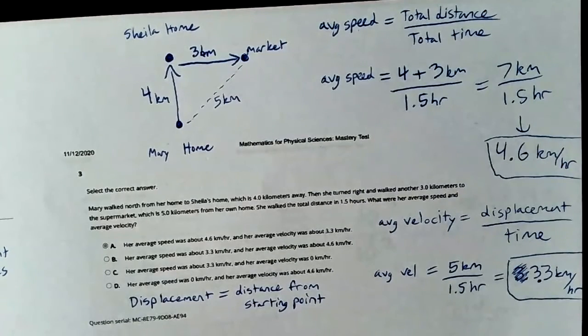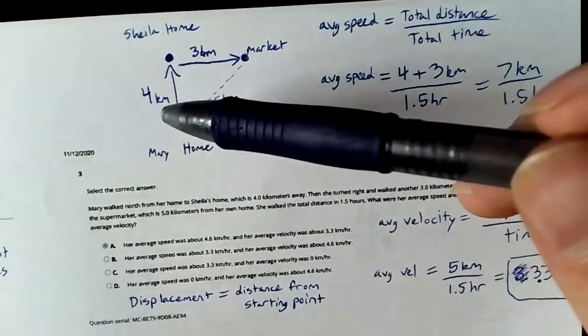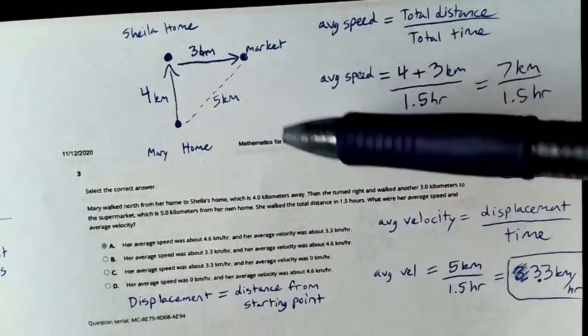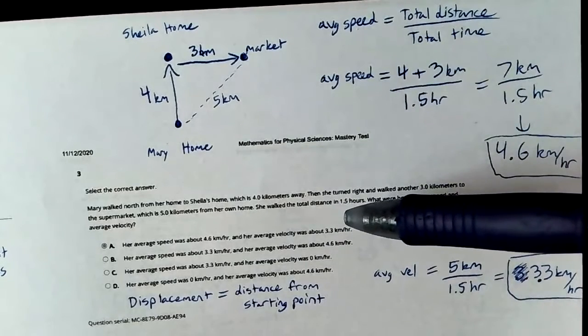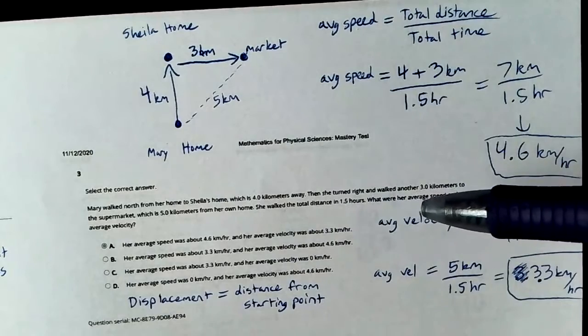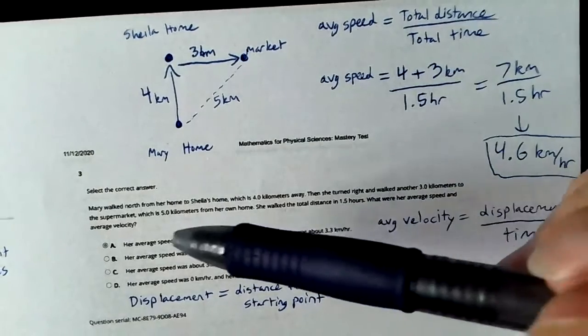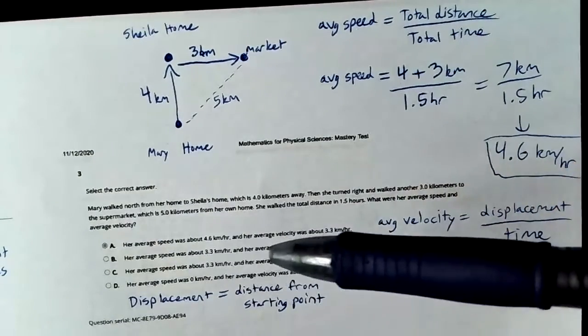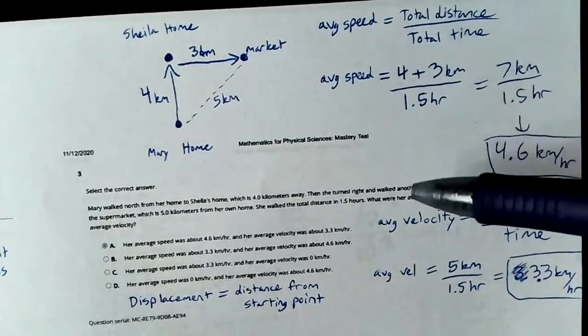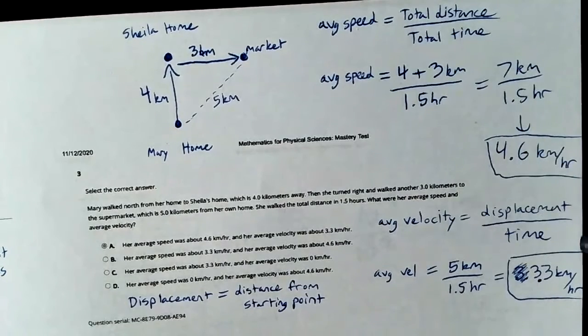She walked the total distance in 1.5 hours. So she walked 4 kilometers and then 3 kilometers, all in 1.5 hours. What were her average speed and average velocity? There is a difference between average speed and average velocity.